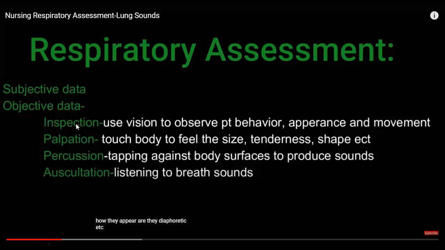After the inspection, you have to check palpation. Palpation means you touch the patient's chest, and then you can feel. If the patient has any kind of pain, they can express it by facial expression. First of all, you go for superficial palpation, then you do the deep palpation.